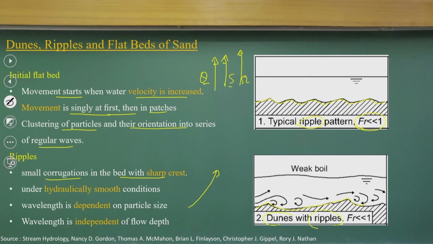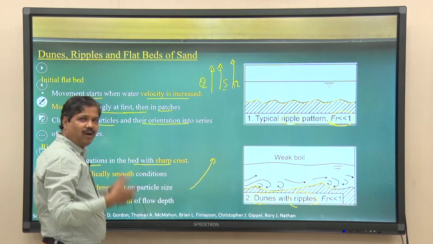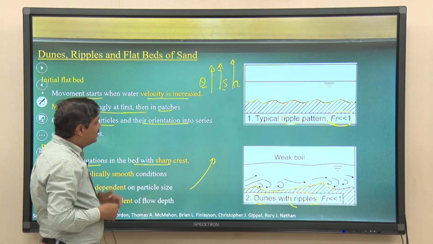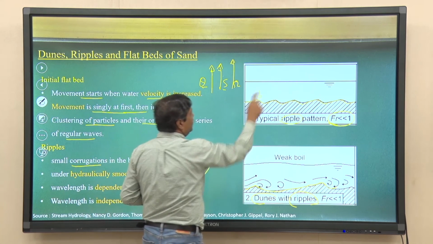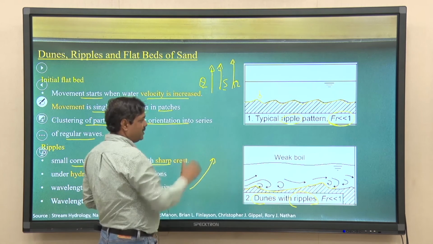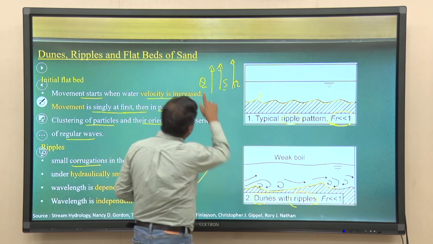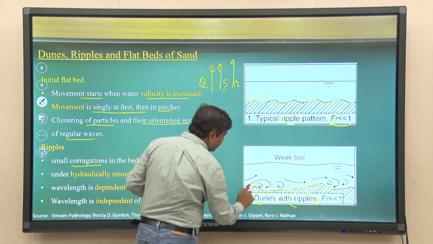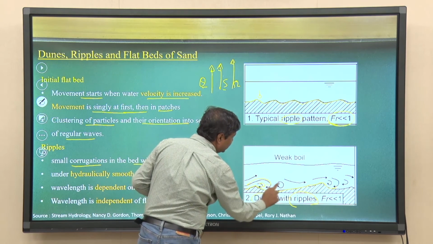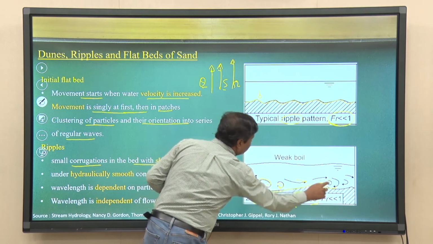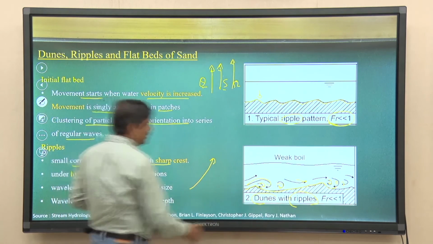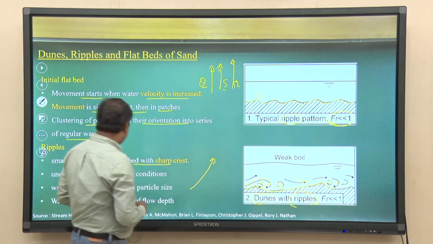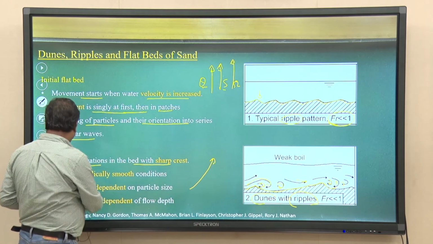You can understand this when you have channels and you increase the slope or the discharge. Initially there will be a flat bed, then it will come with ripple patterns. Further, if you increase the discharge or the stream power, you will have formations of flow like this, and at the back side of the dunes there will be eddy formations.